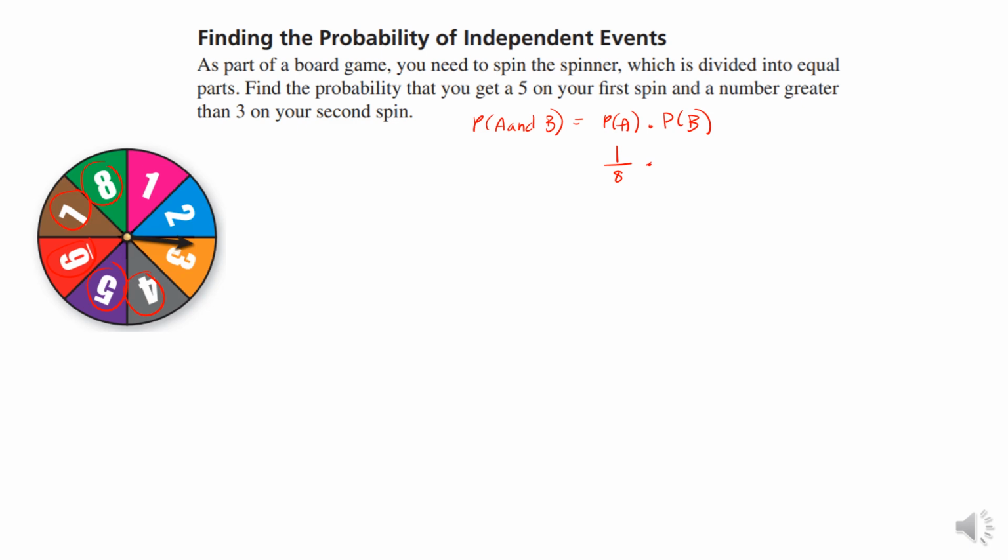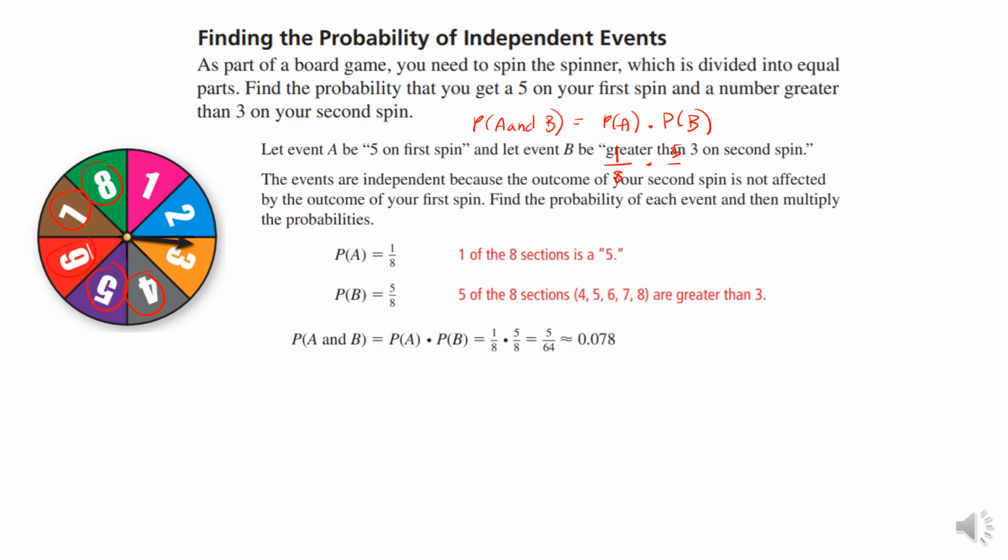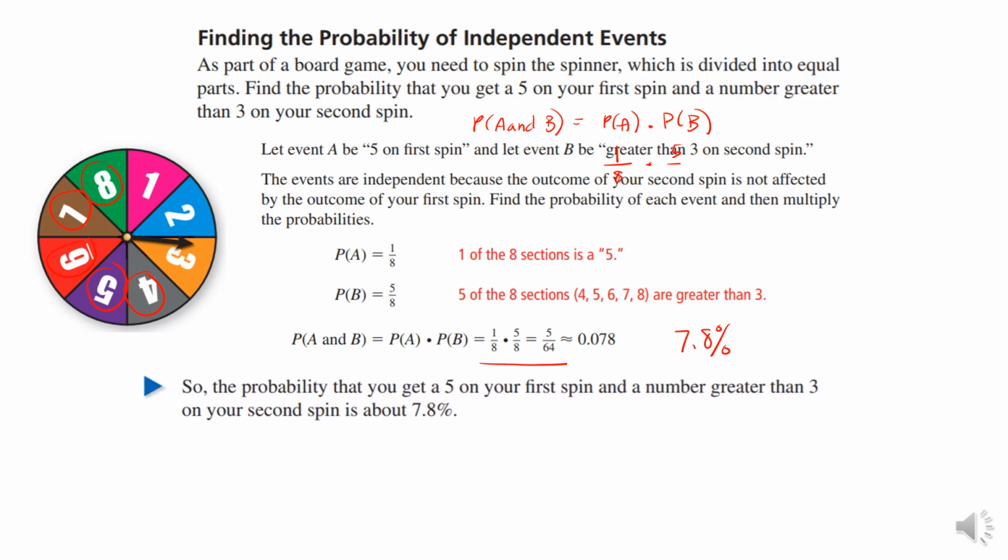So that would be times 5/8. Okay, so let's look at the work that they did for us. So here we go, 1/8 times 5/8, and you would multiply that out, 5/64, and equals 0.078 or 7.8%. So any of those answers would be correct. Okay, so there you go.